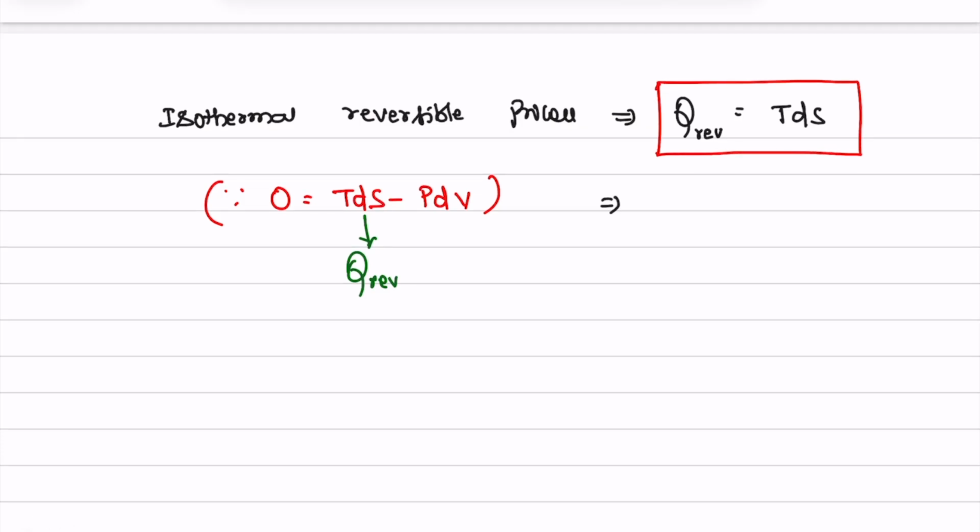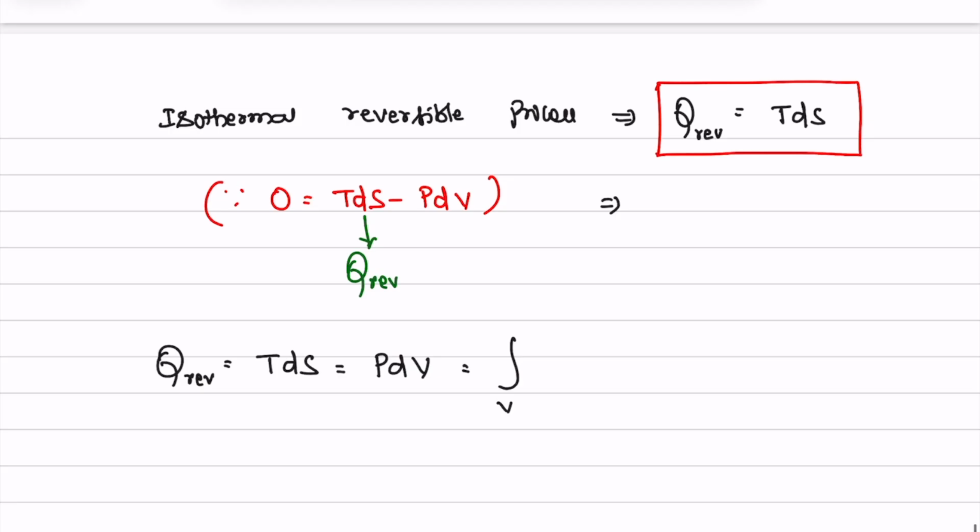This implies Q reversible is equal to TdS, that is equal to PdV, because it's a reversible isothermal process, that is equal to the integral from V1 to V2.